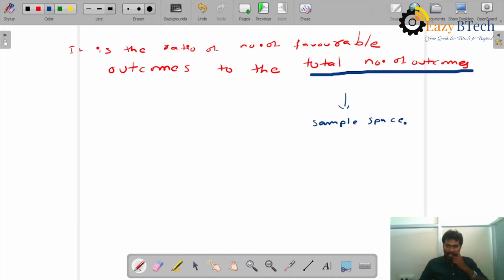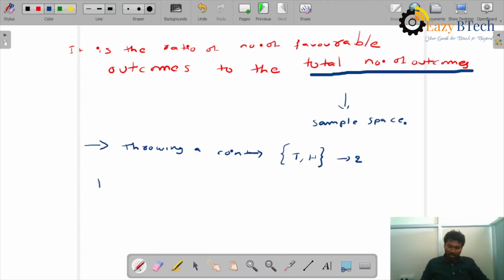Suppose I give one example here: throwing a coin. In the coin example you have two outcomes in the sample space.